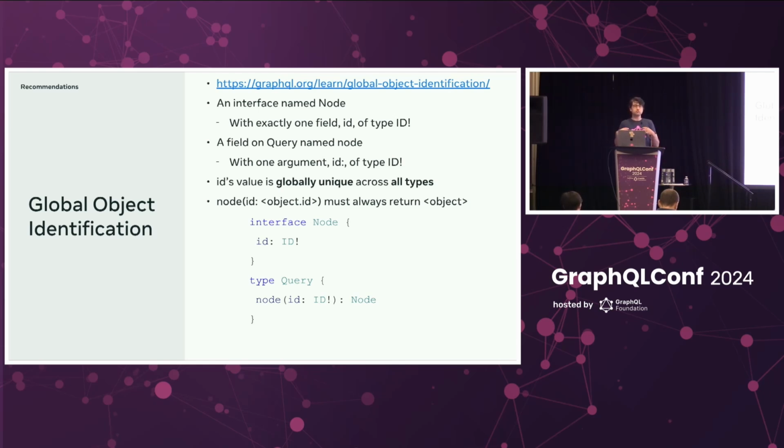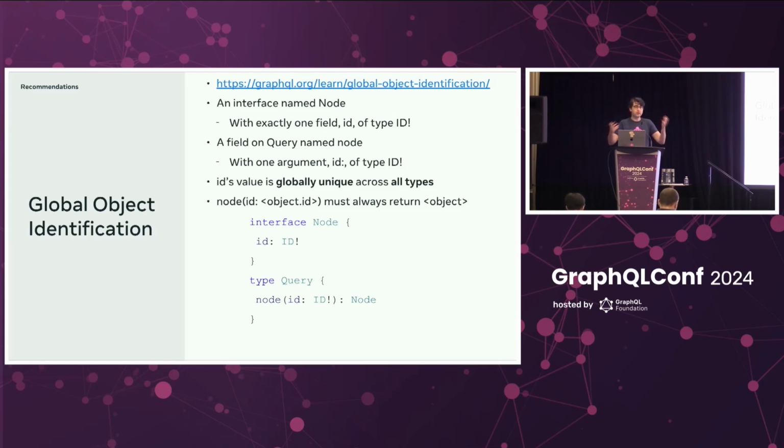It basically describes how you can have one type in your system that says everything that implements this interface, the Node interface, is guaranteed to have an ID.